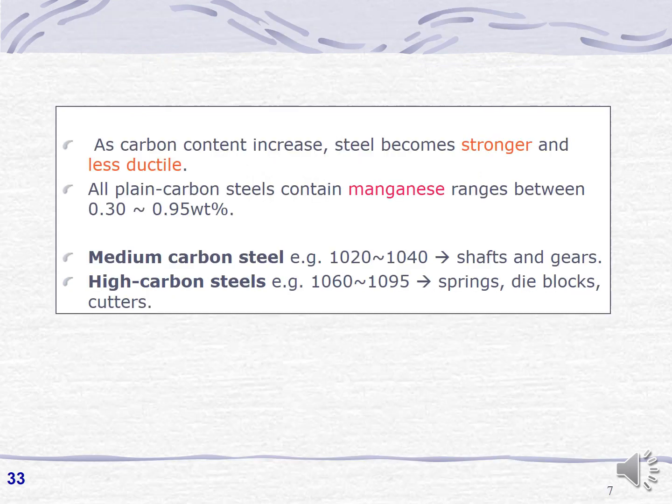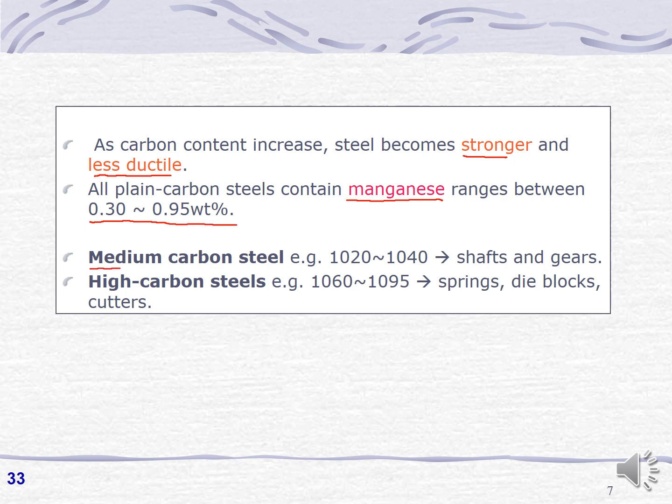Okay, as carbon content increases, steel becomes stronger and less ductile. All plain carbon steels contain manganese ranging between 0.3 to 0.95%.